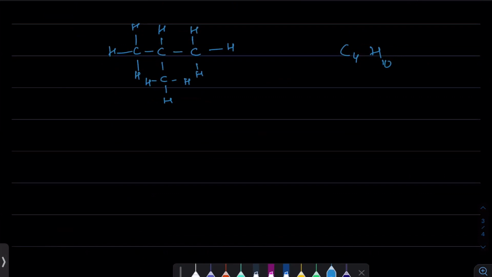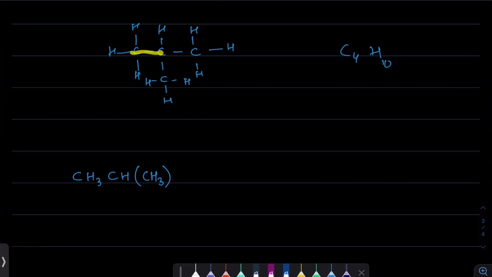Like for this one, the structural formula will be, I have CH3, then the next carbon has a hydrogen, this carbon, and then there's this whole thing on the side. These things are called branches. And the branches are mentioned in brackets. So CH3. On this branch, I have 1 carbon with 3 hydrogens.